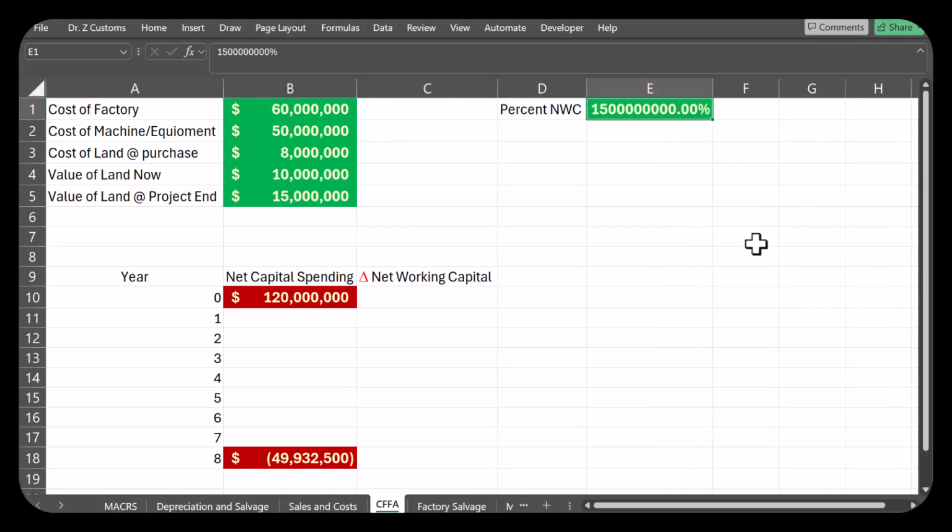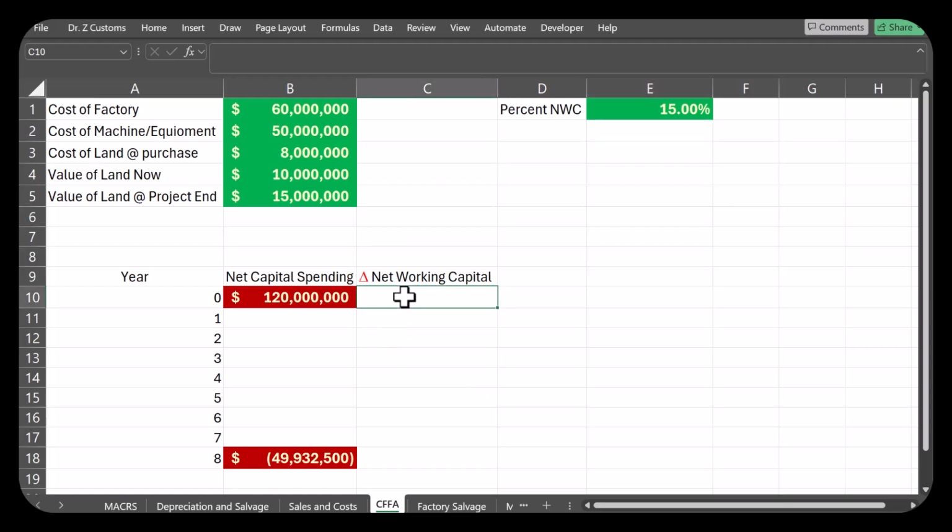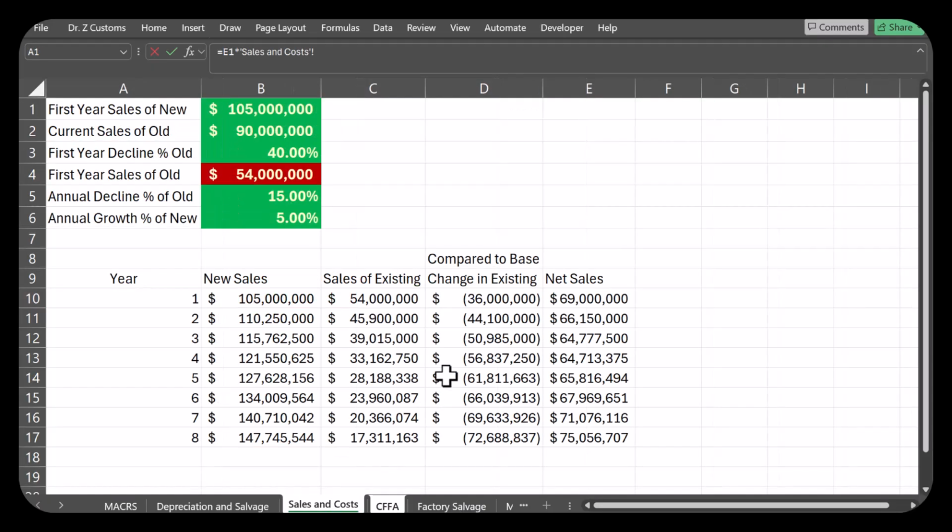I think it was 15. Yes, not negative. 15% times net sales of year zero, because we're looking at the change.